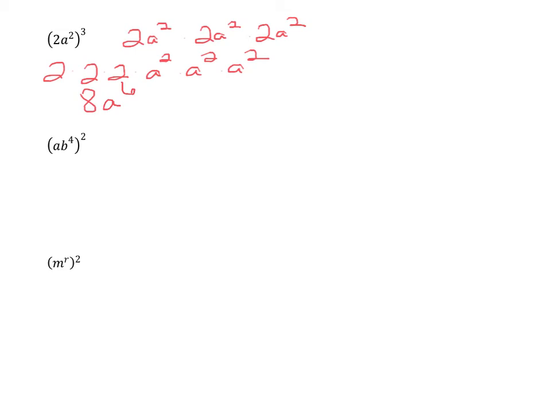If I look at the next one, ab to the 4th, quantity squared. So that's ab to the 4th times ab to the 4th, which means a times a, b to the 4th times b to the 4th. And that gives me a squared b to the 8th.